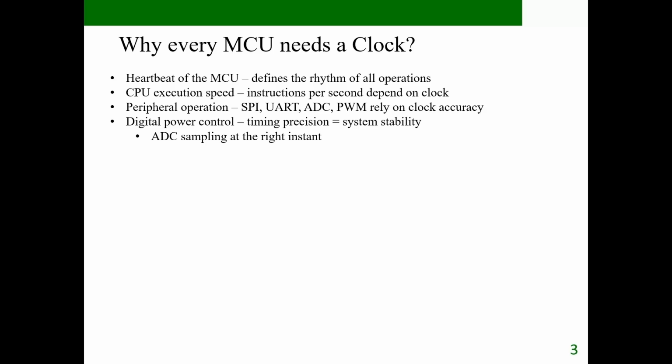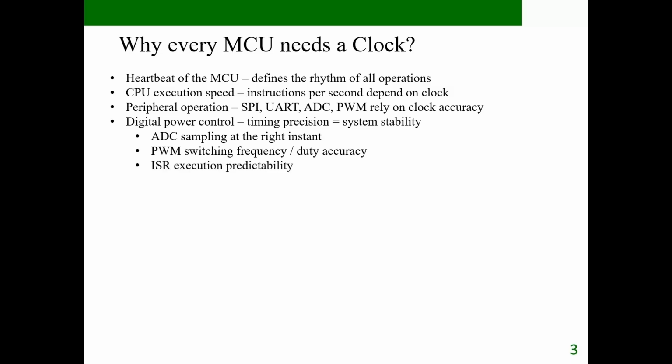If the sampling is delayed or inconsistent, your control algorithm will receive wrong data. The PWM signals that drive the power stage must switch with precise frequency and duty cycle. Even small deviation can cause efficiency losses or generate unwanted harmonics.